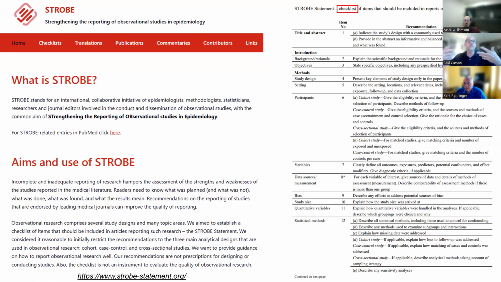If you're thinking about doing any of these kinds of studies, I encourage you to start here. It's a great checklist on how to think about putting this together the best I can. A lot of the publications that publish this type of research want to see that you followed the STROBE checklist. And it just gets your ducks lined up in a row to do this right from the start. All right.